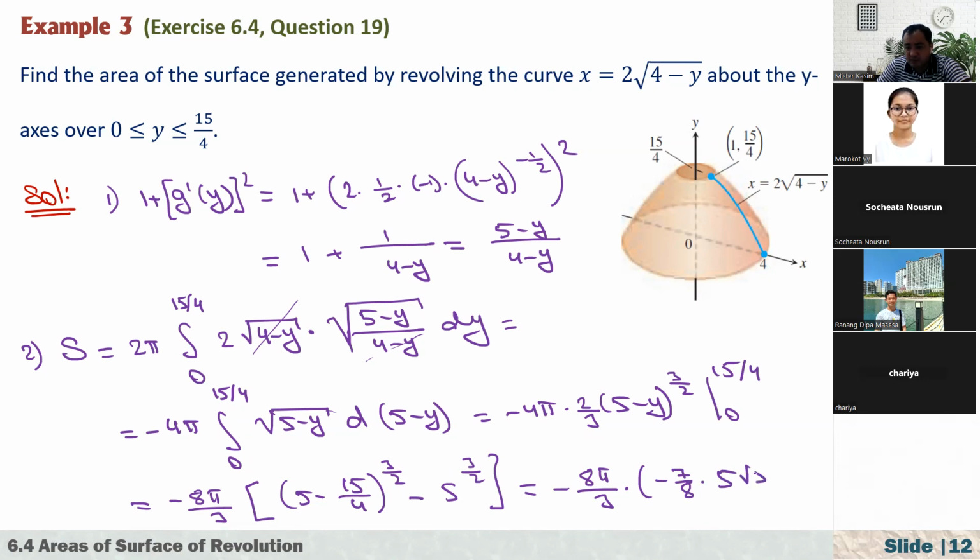That is 5 times the square root of 5, so the 8s cancel each other, and minus minus is plus. So that is equal to 35 square root of 5 over 3, times pi. That is the surface area of the revolution.